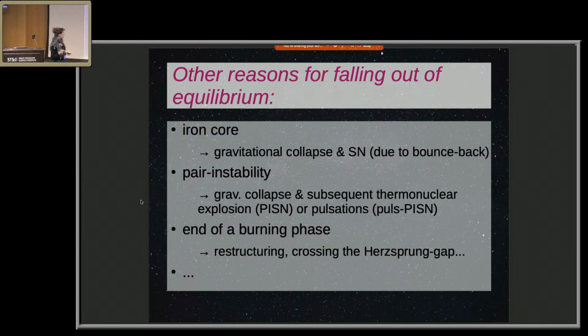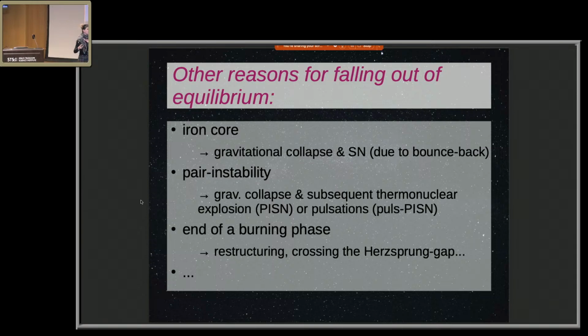There are actually other reasons for falling out of equilibrium. Proximity to the Eddington limit is one of the reasons, but there are other scenarios. For example, I'm sure you've all heard about iron core collapse, when a massive star finishes its life, and we have an iron core formed. Iron being the most stable element, it cannot be burned, it cannot be fused into anything else.